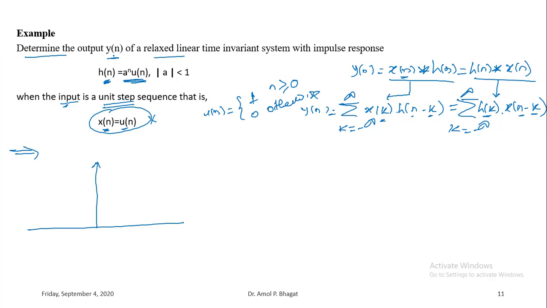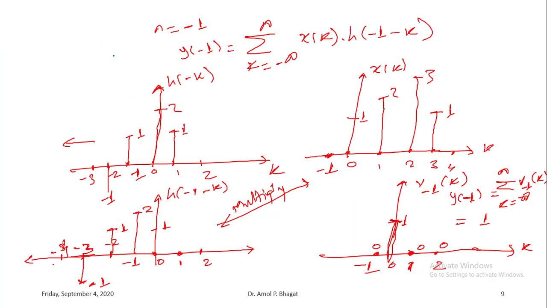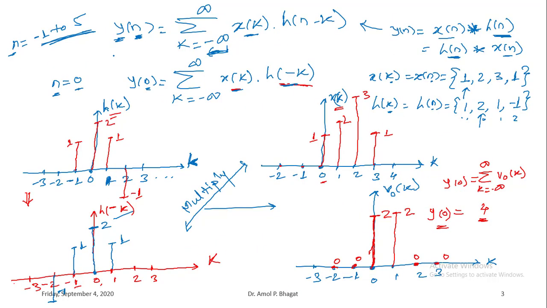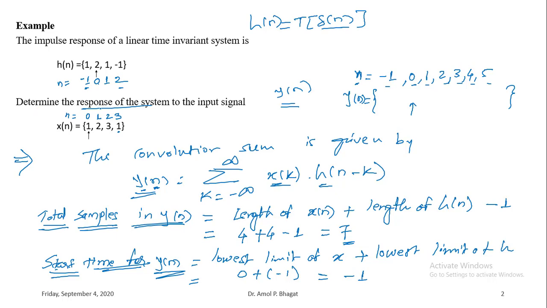Even in the first example, it has been asked to determine the response of the system. It has not been asked to identify convolution. But we can identify the response of the system by using convolution. So in a problem it will not be explicitly mentioned to identify the convolution.